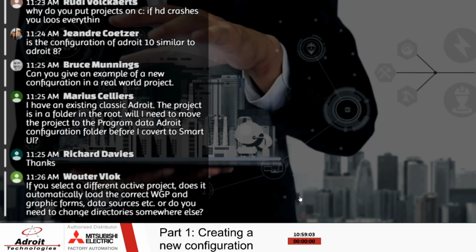Those settings can be done in your system backup folders, and you can add those routes to it for backing up. However, for converting to a true Smart UI project where we're using the conversion, I would recommend getting in contact with our support department around the process there. The biggest problem there is our pathing and making sure that all our paths link up to the existing and the new files.